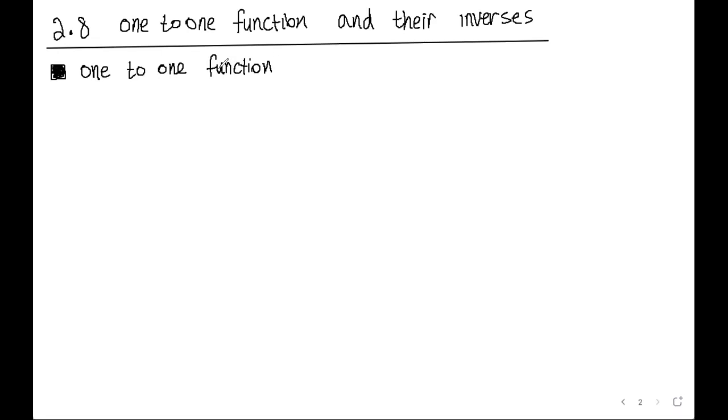a one-to-one function is a function, first of all, such that every element on the domain takes different element on the range. This is like the general definition. I'm going to explain this by diagram after this.